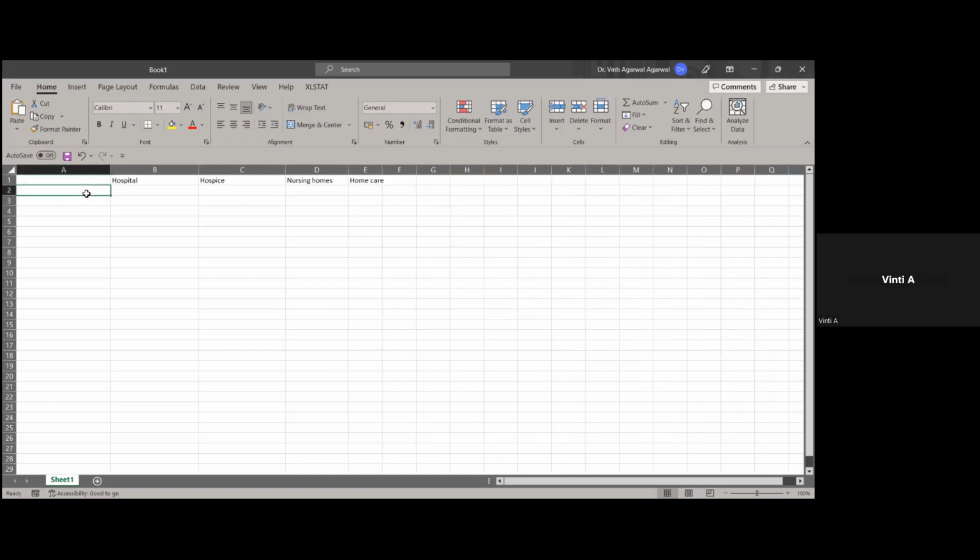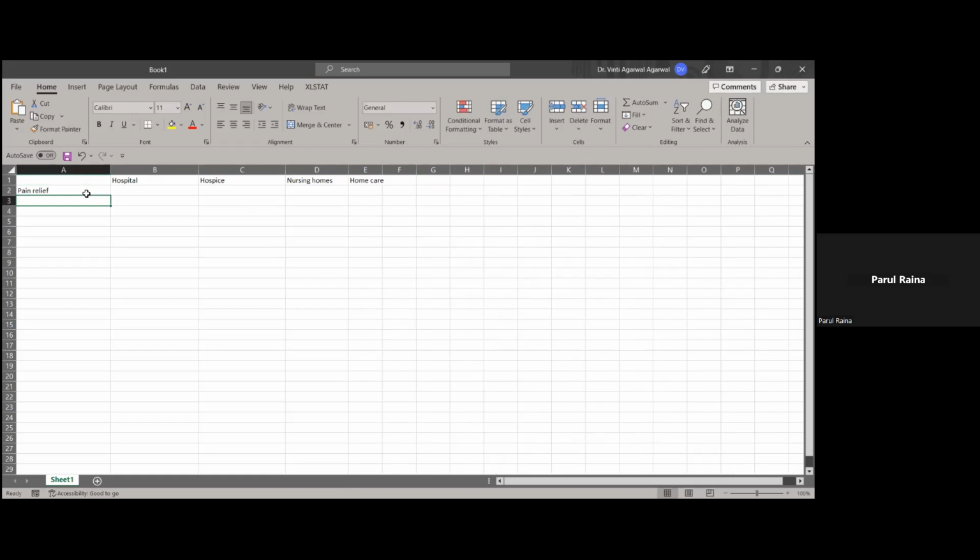Now let's look at the attributes. What are the attributes when you say quality of palliative care? Pain relief. Okay, what else?